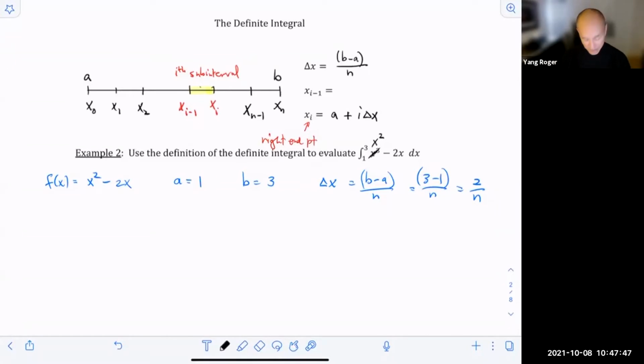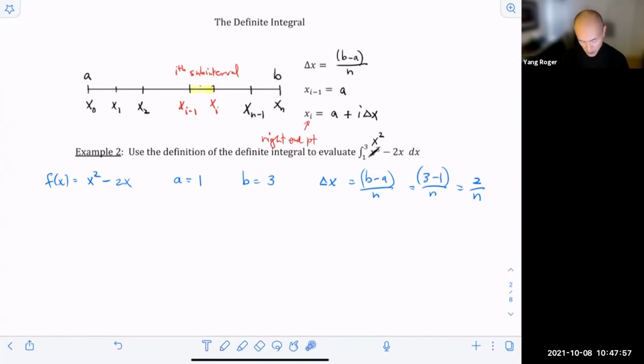If you wanted the left endpoint, let's say this is the first rectangle right here, I just stick with a and I don't add anything else. If I wanted the left endpoint of the second interval, I would start at a, but I would add just 1 delta x, not 2.